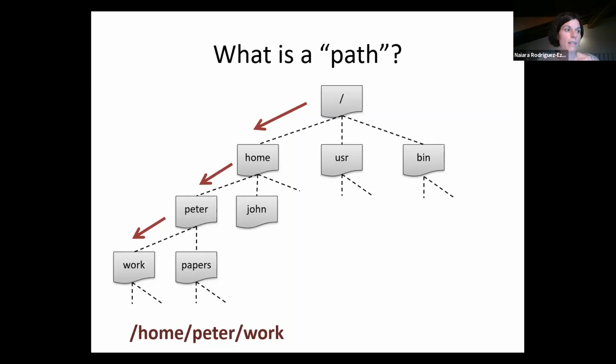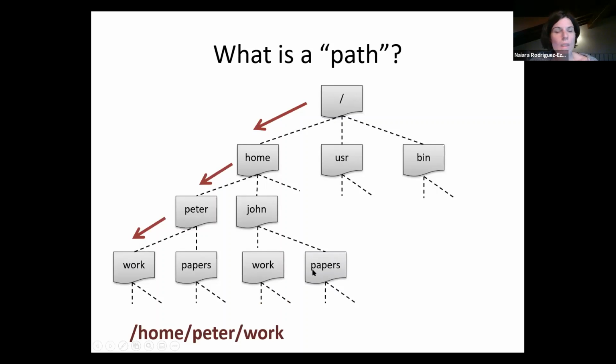In this case, the path that goes to the directory work that is under Peter, that is under home, that is under root, is root, home, Peter, work, right? The same, the path that goes to the directory called work under John could be home, John, work.